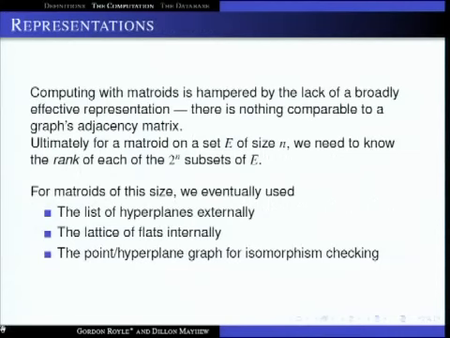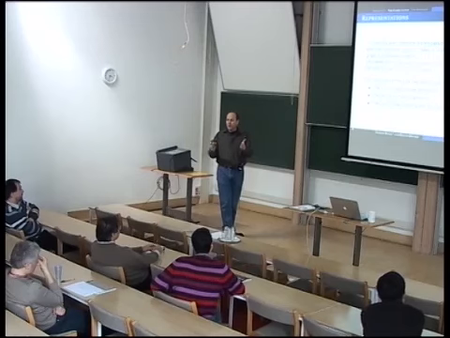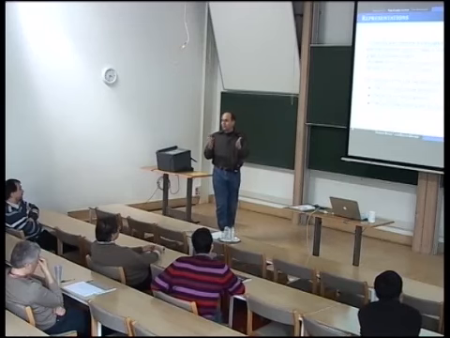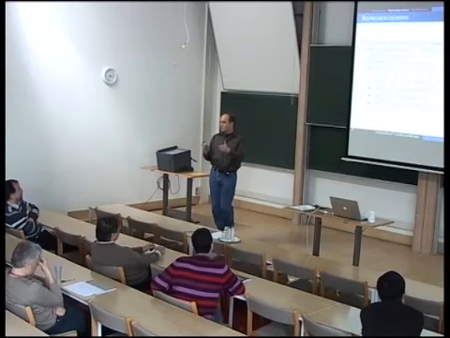One problem is representations. For graphs, life is easy. You use an adjacency matrix if the graph is small. You use adjacency lists if the graph is large but sparse. And if the graph is large and dense, you give up or start doing probabilistic things. For a matroid, there's no obvious representation. Ultimately, you need to know some bit of information about every subset of the element set.